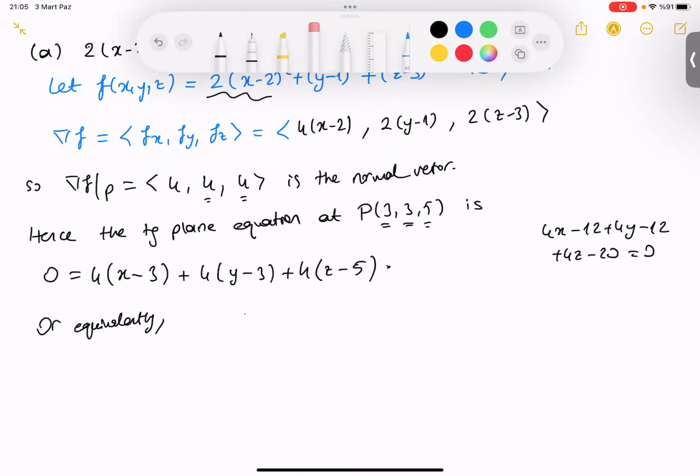So you have in the parentheses of 4, minus 24, 44, sorry, equals 0. So if divided by 4, x plus y plus z minus 11 equals 0 is the desired equation.